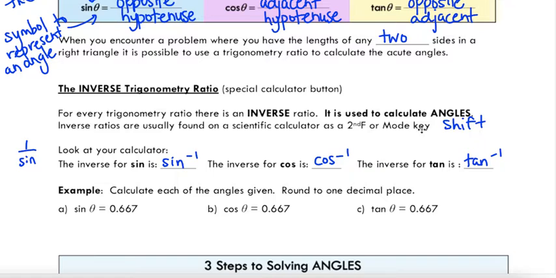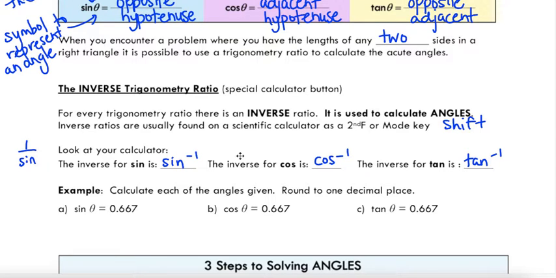It's probably something, again, where you have to do a second function or a mode or a shift, depending on how your calculator works. Then you're going to press that button where it's right above it, and it should show on your calculator what you're entering in. You'll see the sine inverse, and then you can enter in whatever number it is.